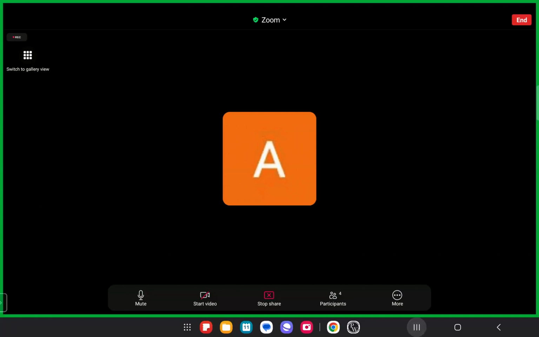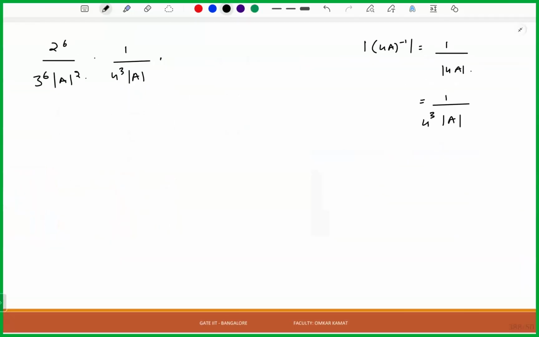Okay, fine. So next is determinant of adjoint of A, which is nothing but determinant of A to the power of n minus 1 whole squared.